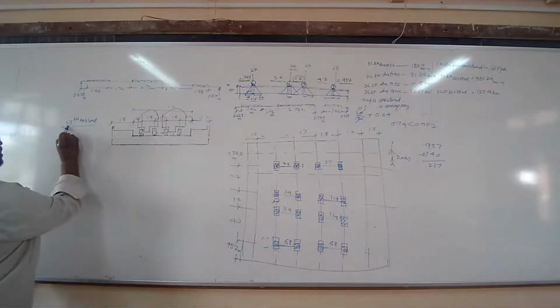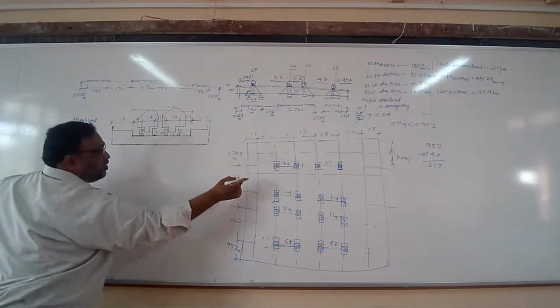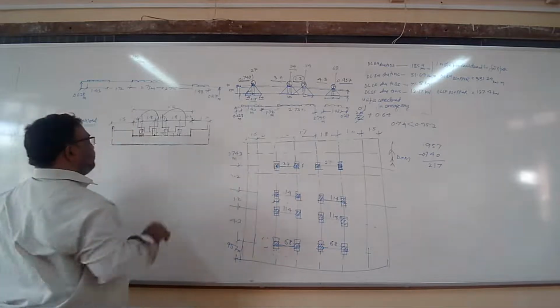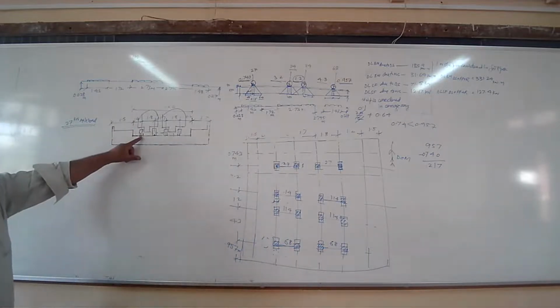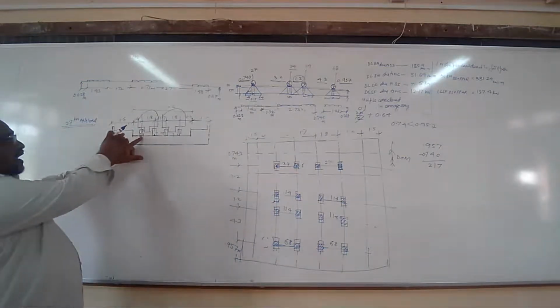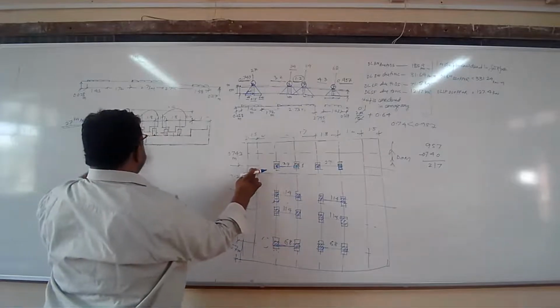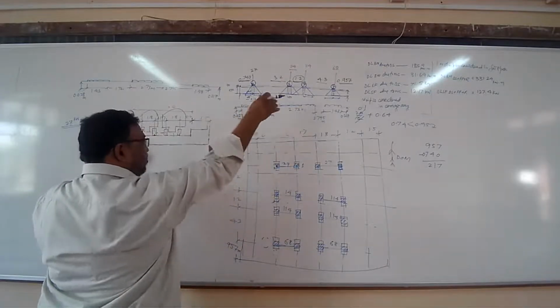For this 27 kilonewton axial load, this wheel I am talking about, this is that wheel near to the edge, close to the support, right?